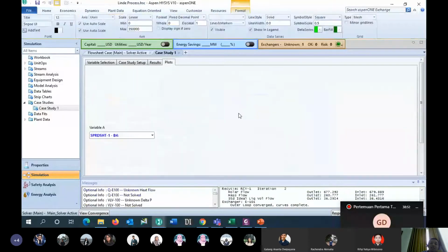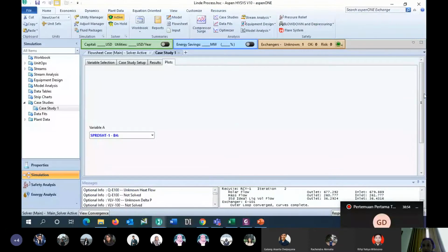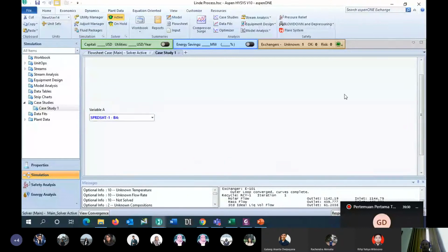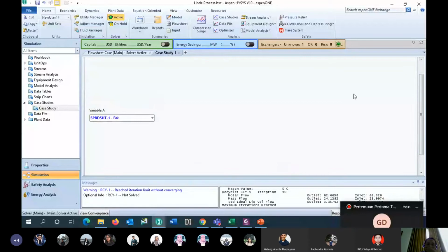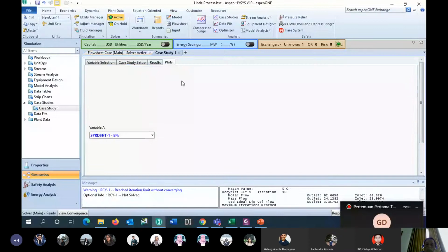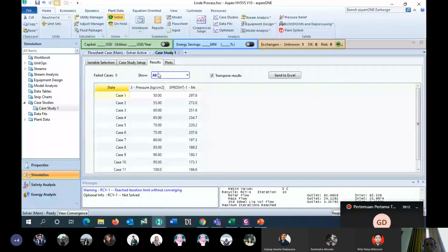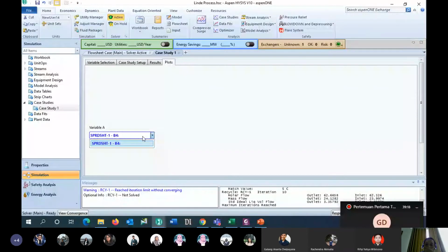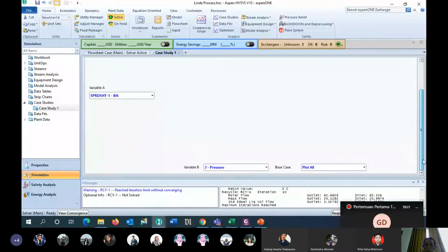Okay, and then I will see the plot value. I think it is still calculating, because when it calculates, it takes time. It's already in here, so variables. Okay, wait a moment.